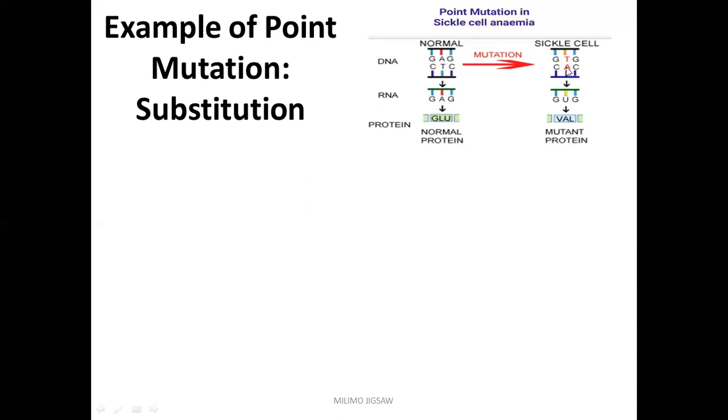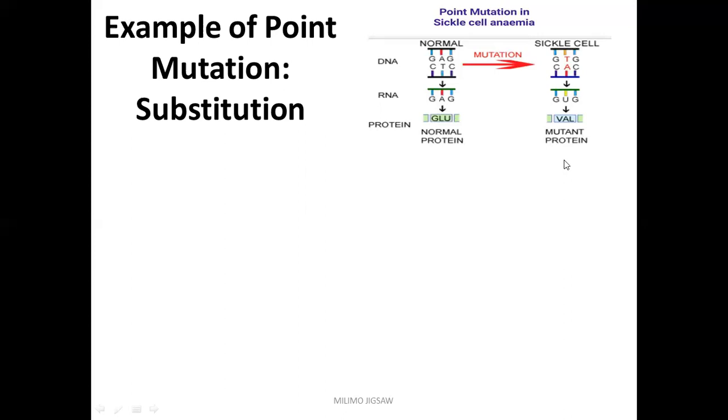This allele is changed to a T. Now, when the adenine is changed to the T, what results is a glutamic acid being replaced by valine. So the change of A to T results in glutamic acid being changed to a valine in the mutant.